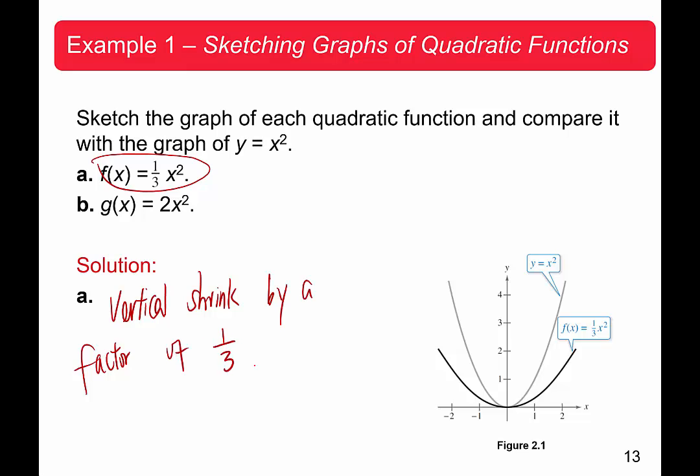That means the graph becomes wider. So we end up with a wider graph. So the smaller the coefficient, the wider graph we get. Vertical shrink meaning horizontal stretch. That actually happens at the same time.